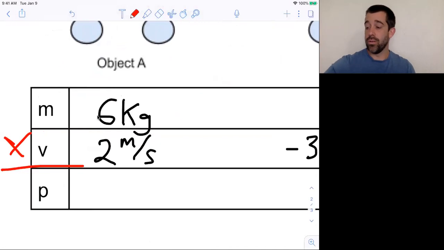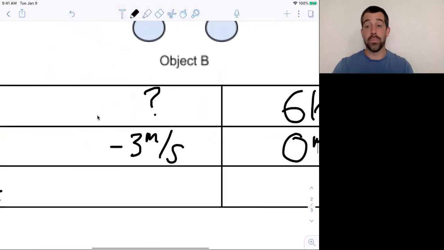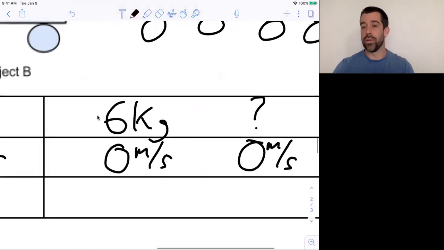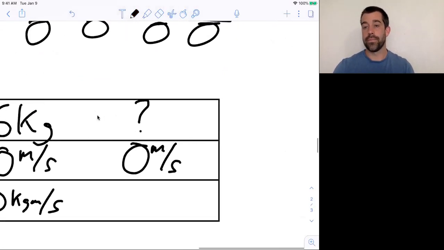All right, so we know that this 6 times 2 is going to be 12 kilogram meters per second over here. For object B, we cannot find its momentum by going down because we don't know the mass. For object A over here, we know that 6 times 0 is 0 kilogram meters per second.